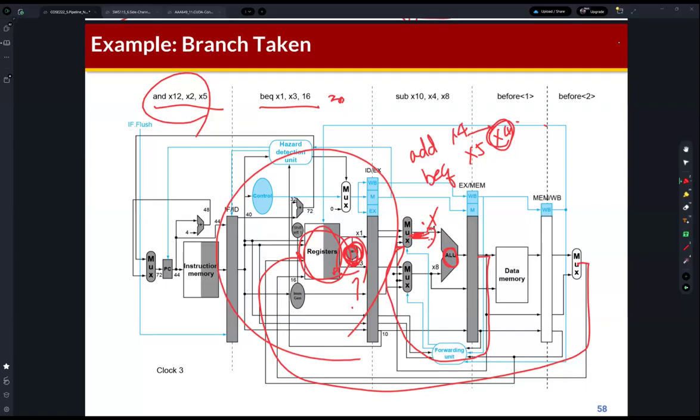By doing this, the branch instruction, the BEQ, can be determined in the ID stage. So the branch is determined earlier, and we can reduce the performance drops, which means the wasted cycles by control hazard.